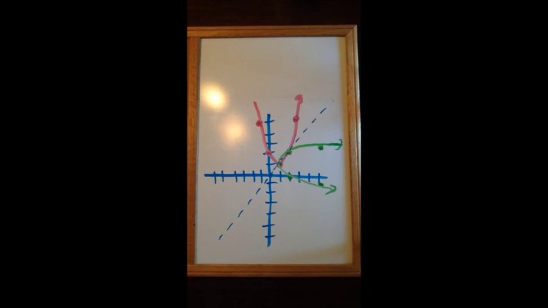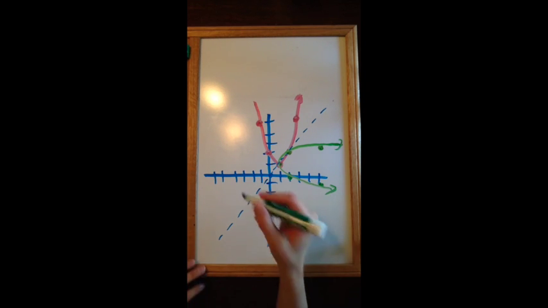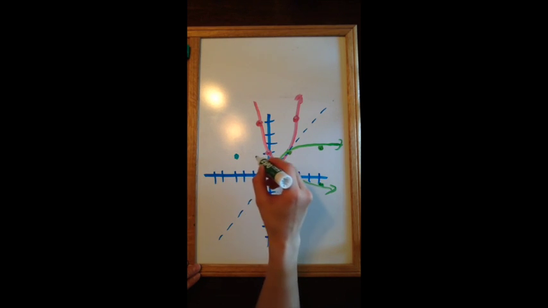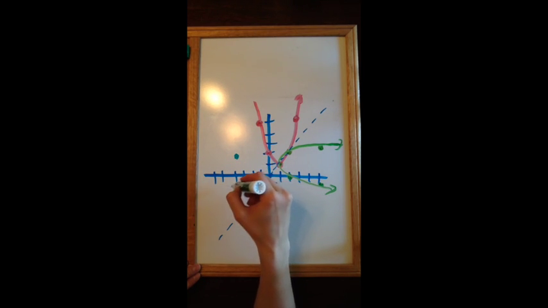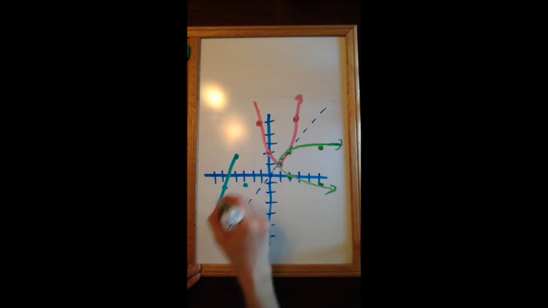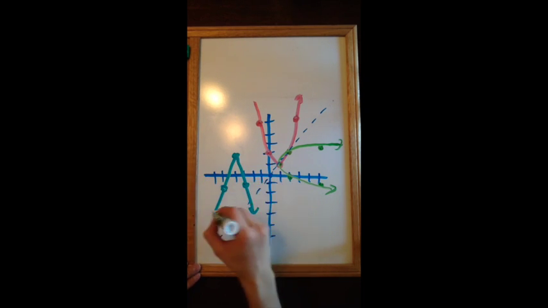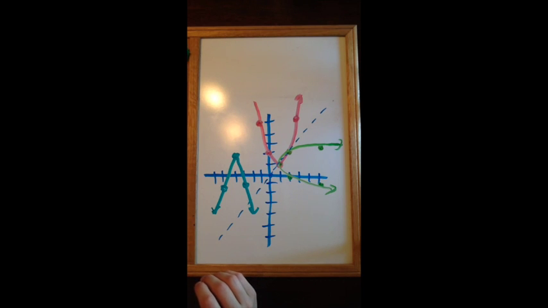So if I wanted to find the inverse of this graph right here, this is an absolute value graph. If I wanted to find the inverse of that graph, I would switch around the x and the y values.